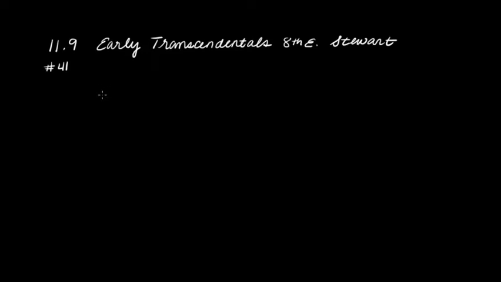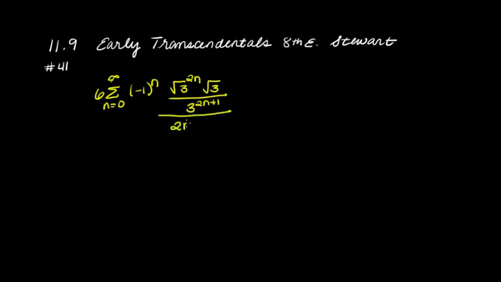Okay, so where we're at is we have 6, sum n equaling 0, alternating, and then at this point we were at root 3 to the 2n times a root 3. We're going to divide that all by 3 to the 2n plus 1, and that came from our initial numerator, divided by our original denominator, 2n plus 1. All right, one step further, here we're going to split this off. I know the square root of 3 to the 2 will cancel.